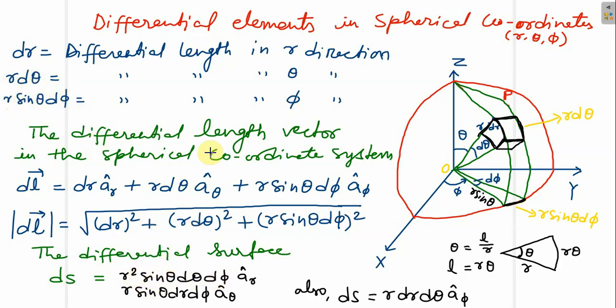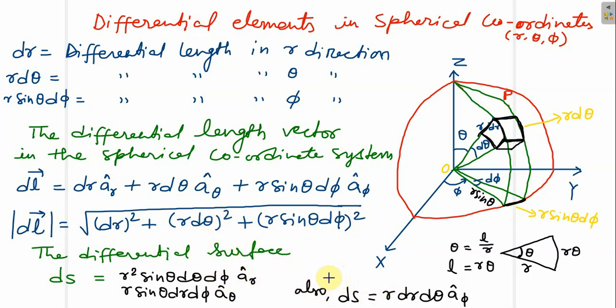The direction should be the one except these two, r, so it is acting along r. If I multiply dr with r sine theta d phi, we get r sine theta dr d phi. Since the r direction and phi direction components are involved, the direction will be along theta, so a theta. In this way we can have these differential surfaces.